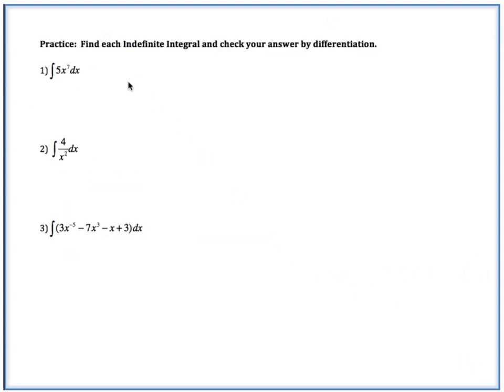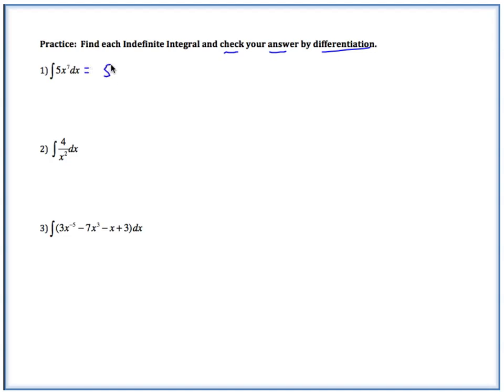Now we want to do some practice finding indefinite integrals, and notice you can always check your answer by differentiation. And these first few examples are only going to use our general power rule. Okay, so this first one is the integral of 5x to the 7th with respect to x. Now here, let's use our general power rule.